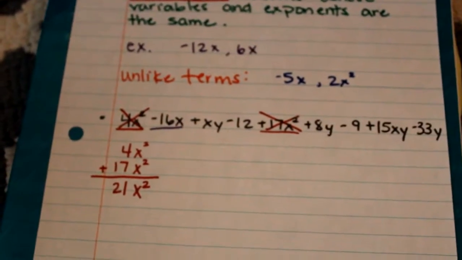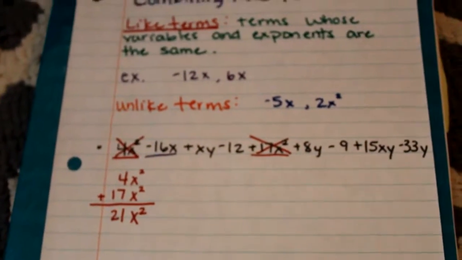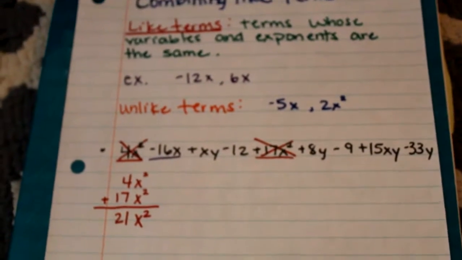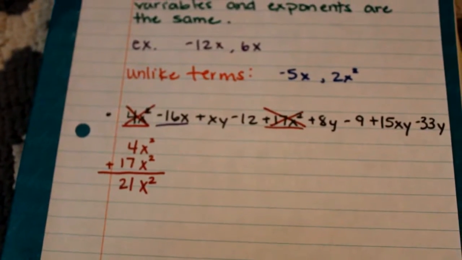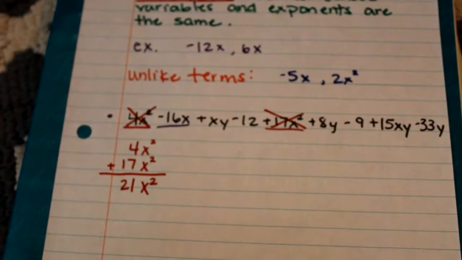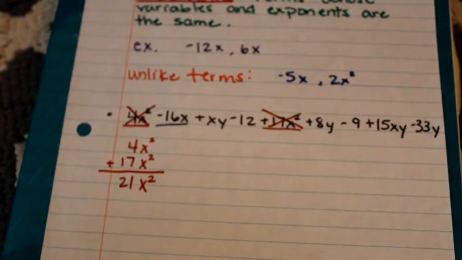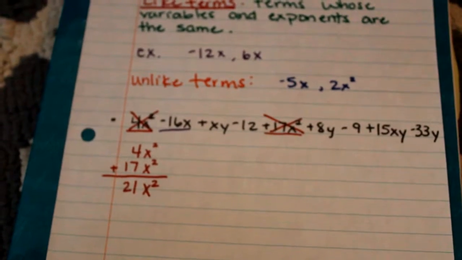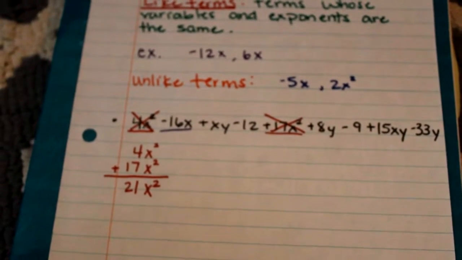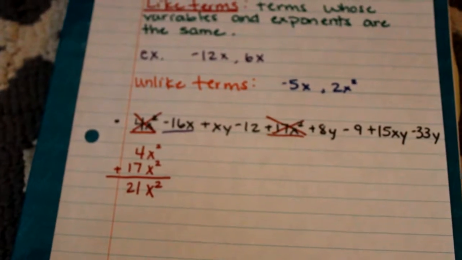Okay, and then the next term would be plus 8y, which is not a like term. The next is minus 9. That's not a like term. The next one is plus 15xy, and that's not a like term.